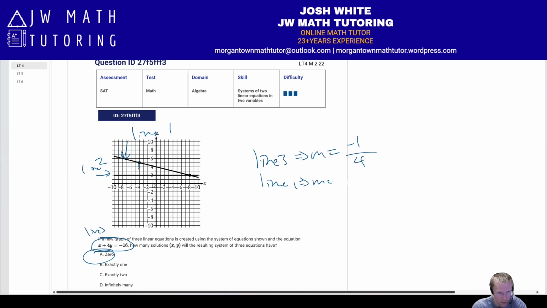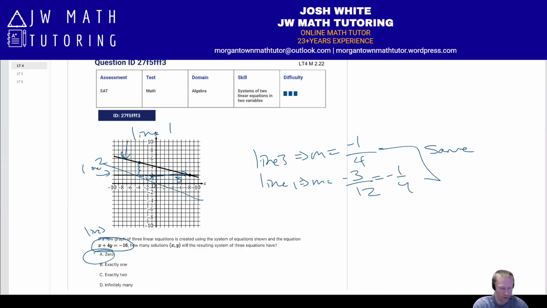It's down 3, and it's over 1, 2, 3, 4, and then plus 8 more to the right. So it's over 12, and it's down, what did I say? Down 3. Yeah, it's going from negative 5 to negative 2. So this slope is also negative 1/4. So these two slopes are the same. Therefore, line 1 and line 3 will be parallel. They will never intersect. So therefore, the number of solutions for these three equations will be 0.